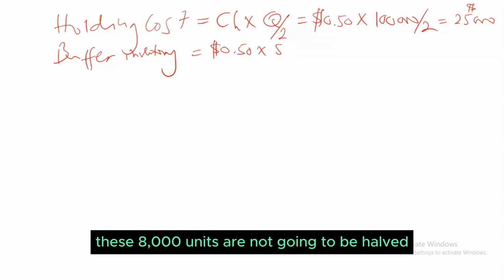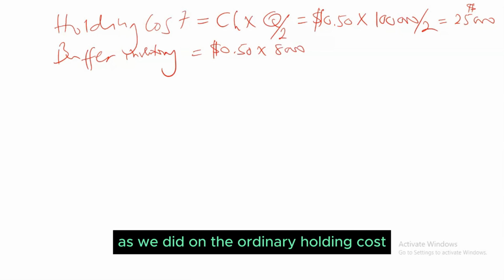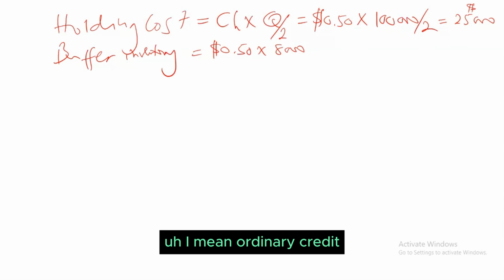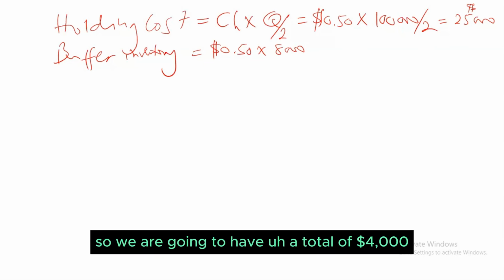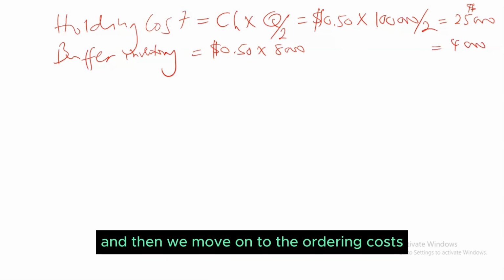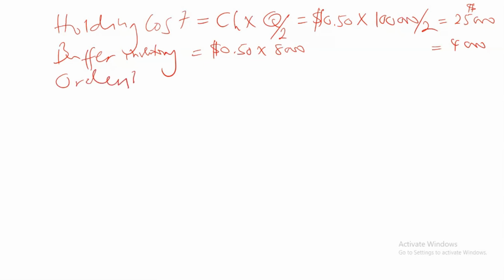These 8,000 units are not going to be halved as we did on the ordinary holding cost, ordinary quantity. So we are going to have a total of $4,000.